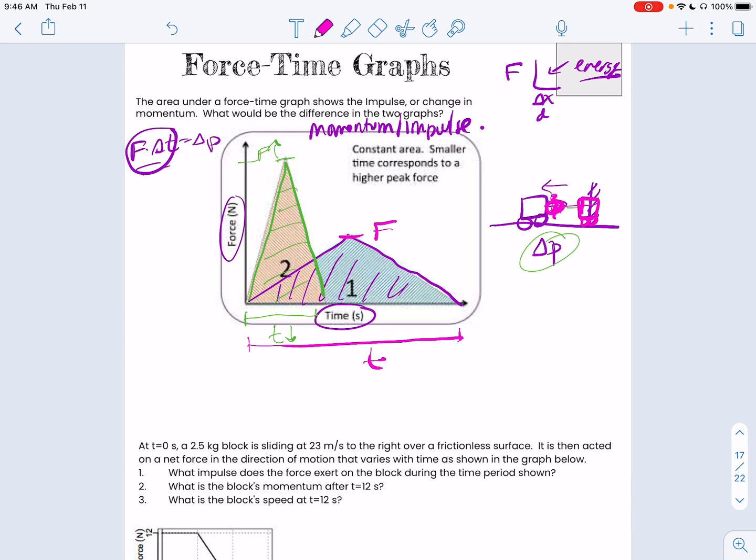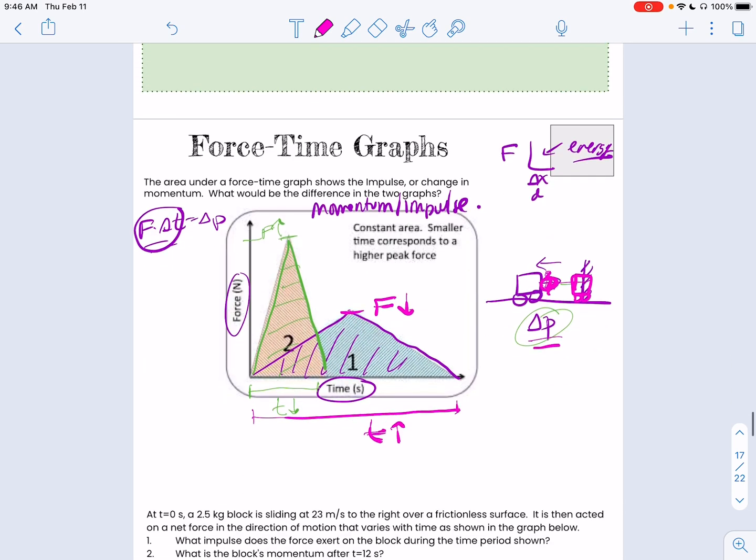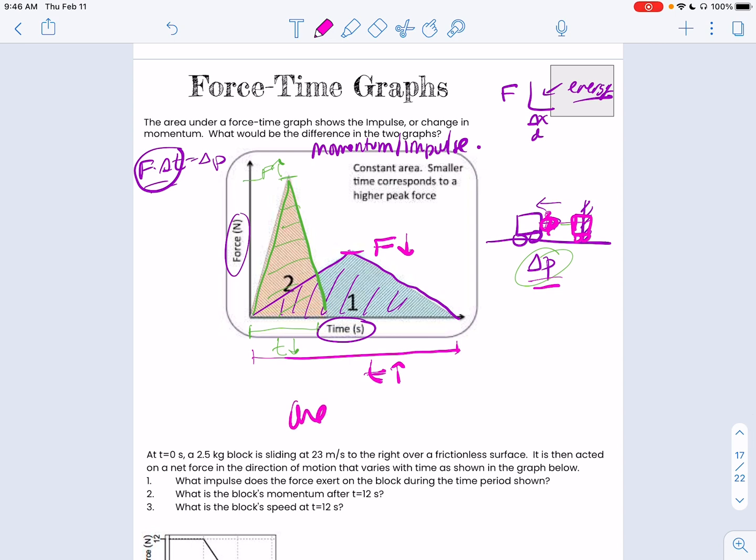A squishy, bendable bumper could increase that time, which would lessen the force that the cart feels, but it would still get the same momentum change. So every time you see a force versus time graph, the area, or in a minute when we do calculus, the integral, is going to be the impulse, or the change in momentum.